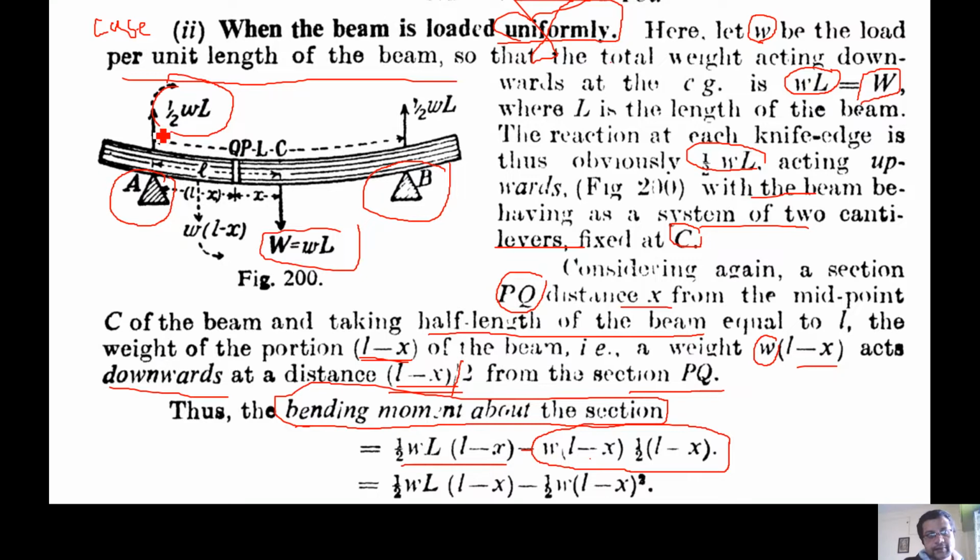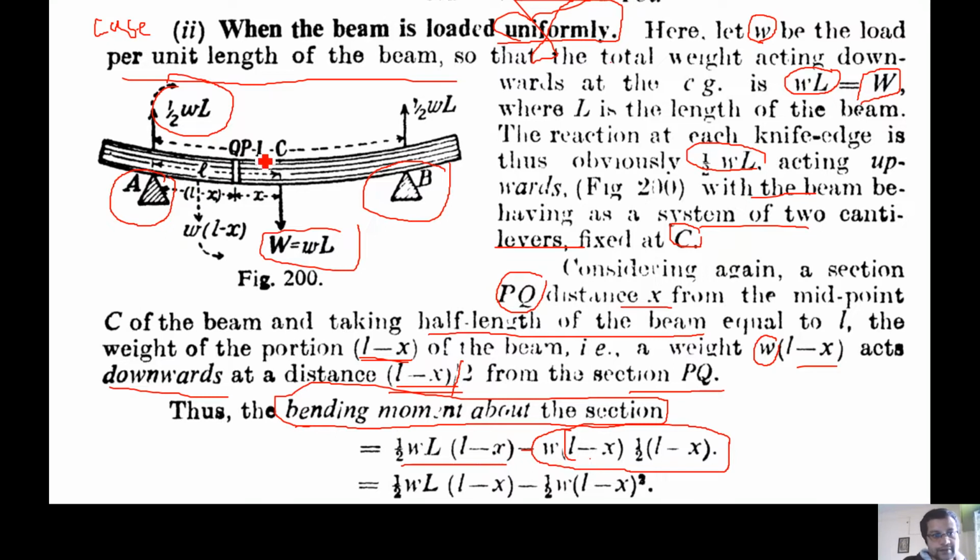So the resultant couple, that is the bending moment, will be half of WL into L minus X minus W times L minus X into half of L minus X. Hope you people have understood how this expression comes. This expression is the resultant bending moment because of the total weight which is distributed equally.